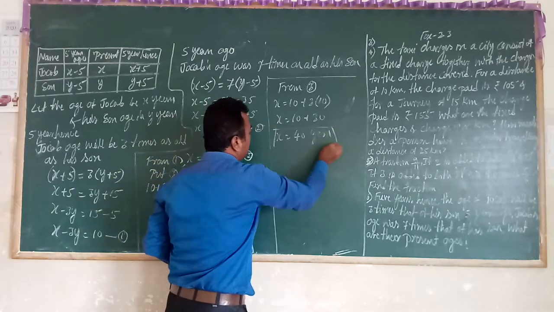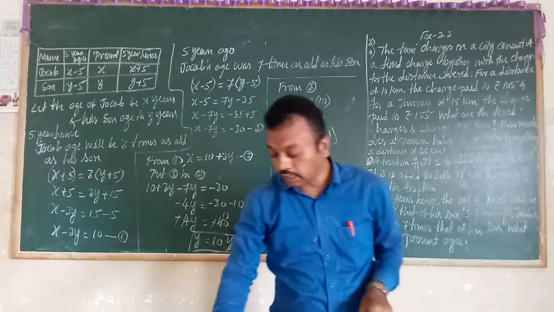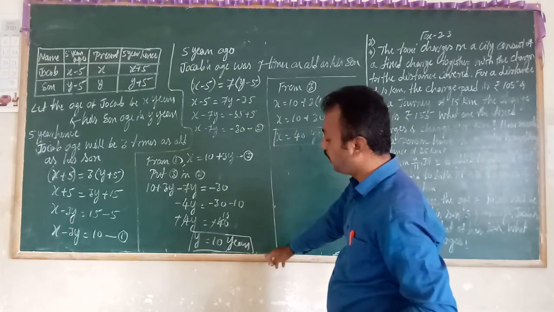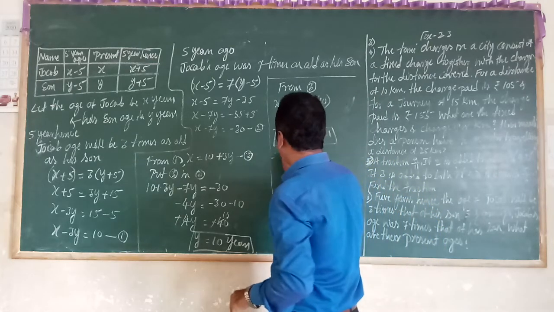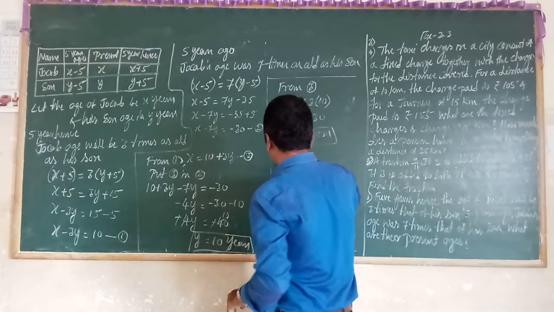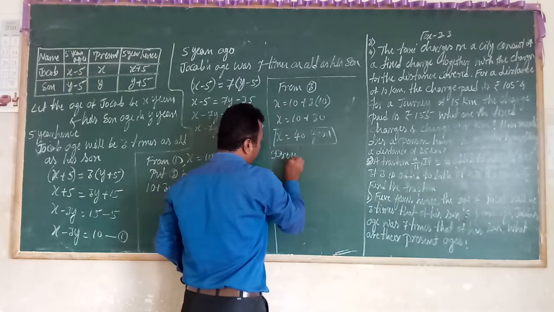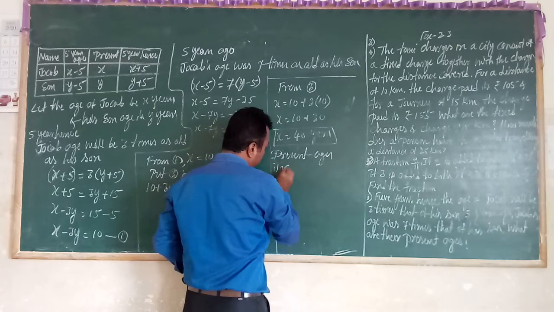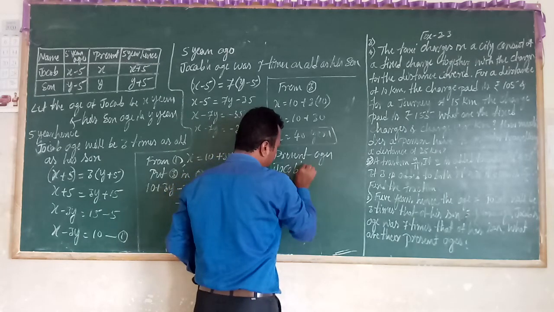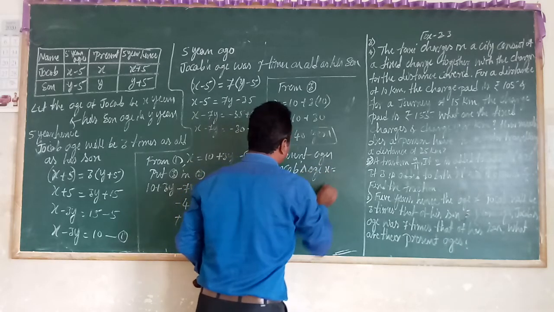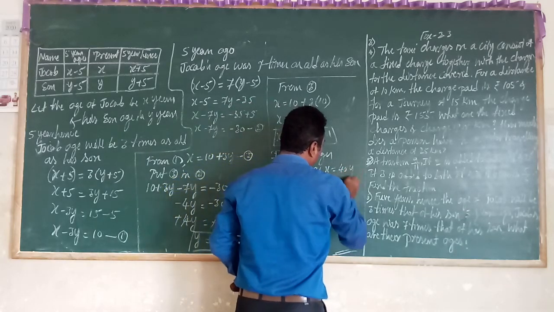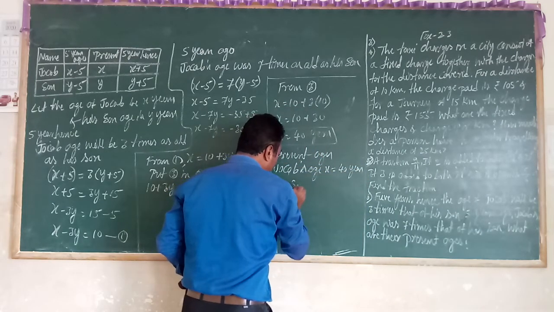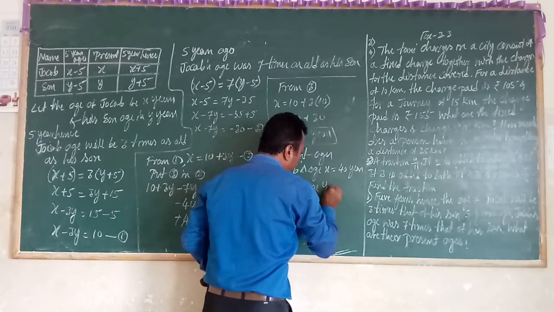So the question asks for the present ages. x is the age of Jacob and y is the age of Jacob's son. Therefore Jacob's age x is 40 years and his son's age y is 10 years.